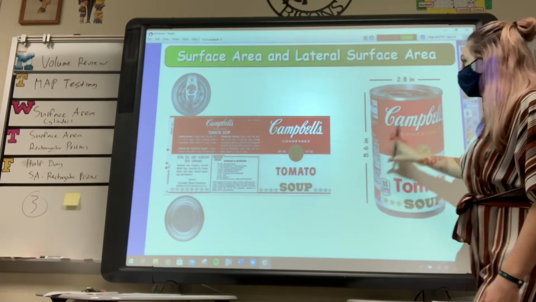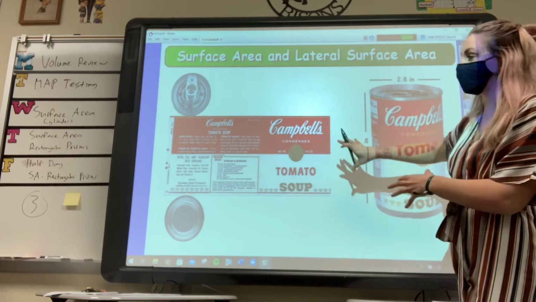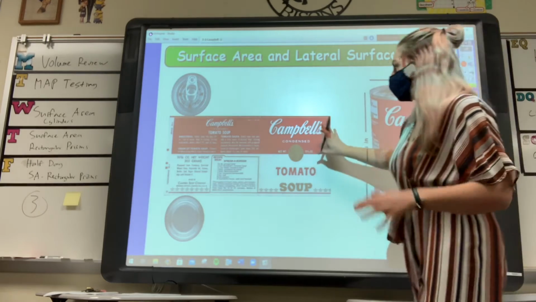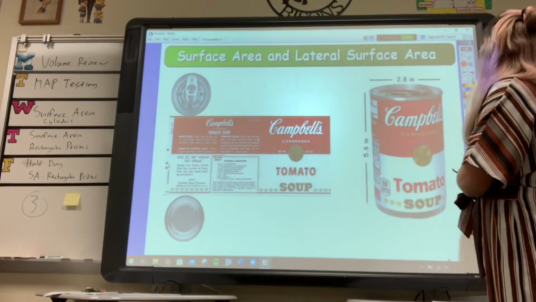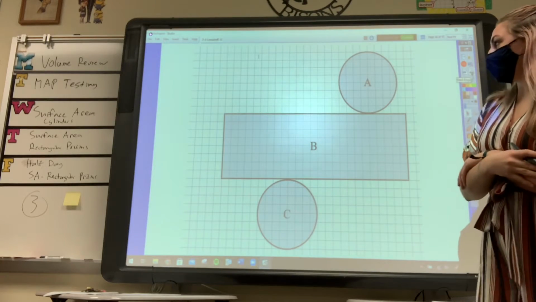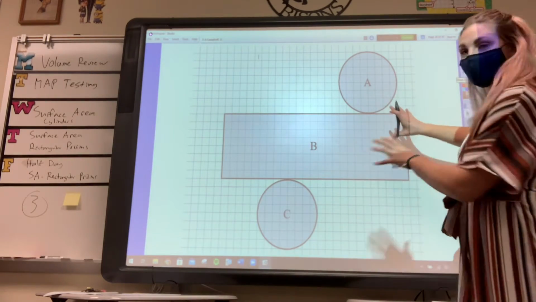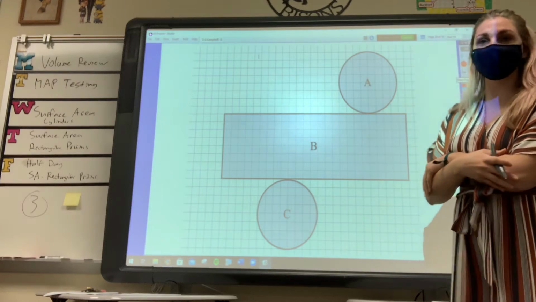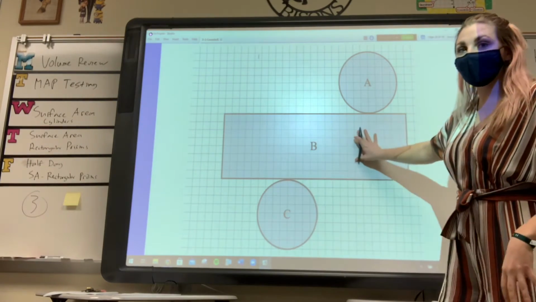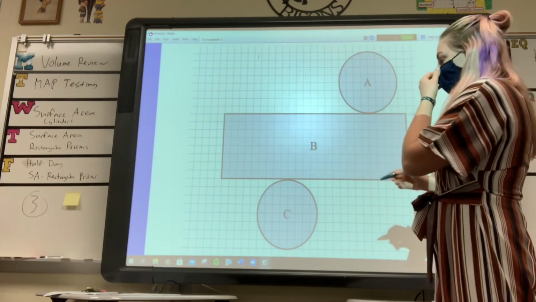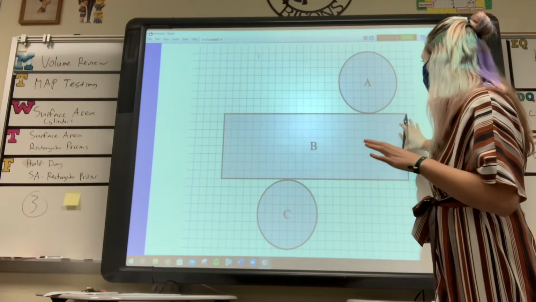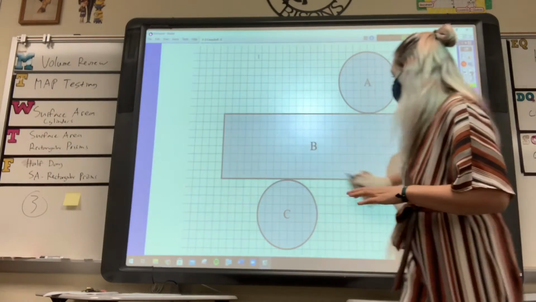So once we unraveled this soup can, we now have a surface, and a surface. And that's what we're gonna look at right here. So I've put a soup can or some other cylindrical object on this graph paper, and remembering that area is finding the area of each of these shapes.